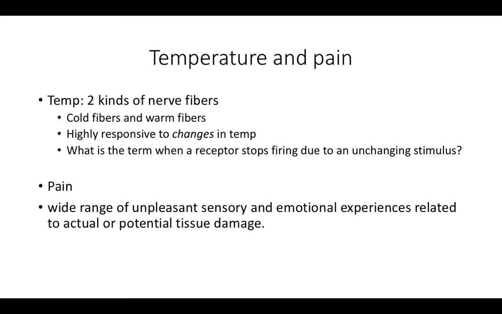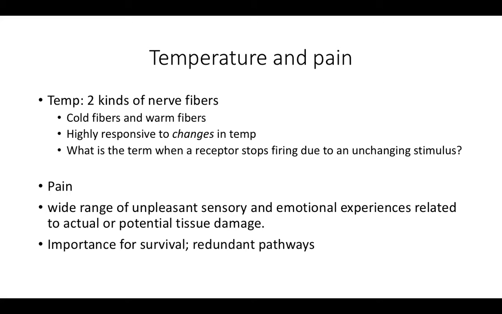We need to be responsive to a wide range of noxious or unpleasant stimuli, and so we have this kind of range of sensory and emotional experiences related to some form of tissue damage, whether it's actual or potential. Pain is obviously critical for survival.